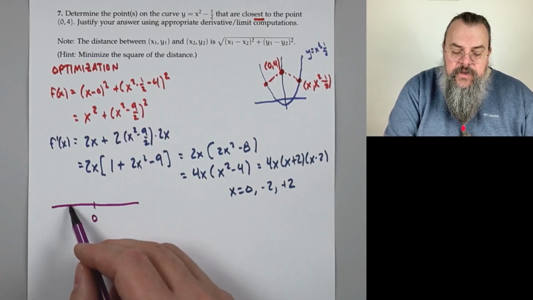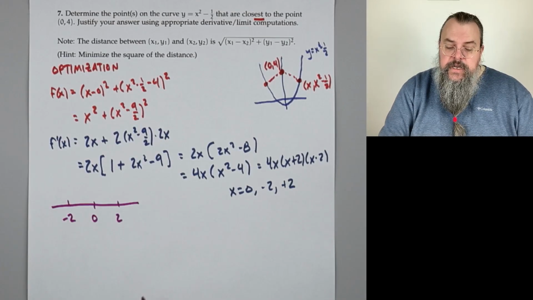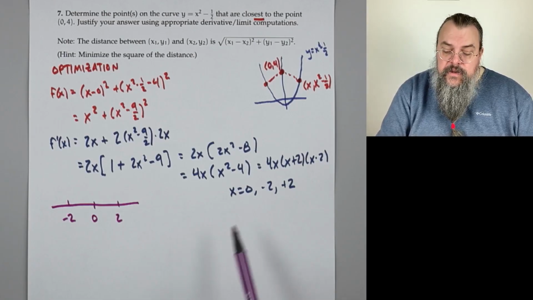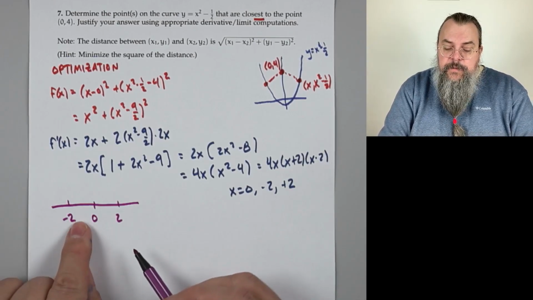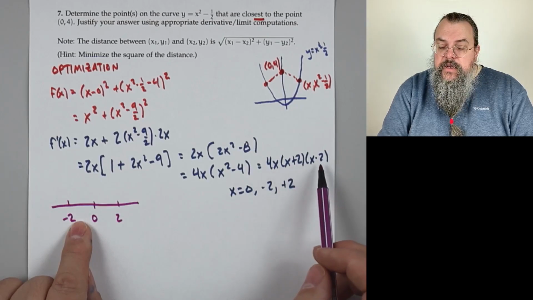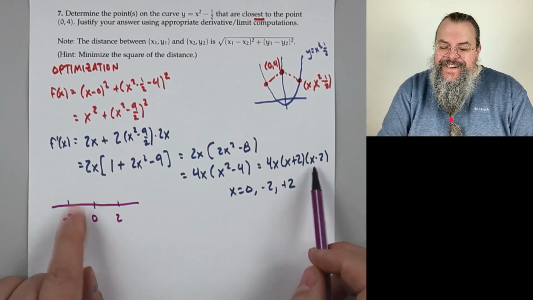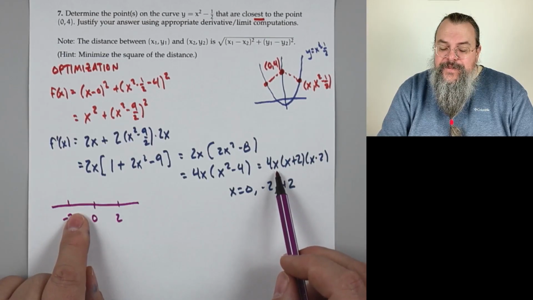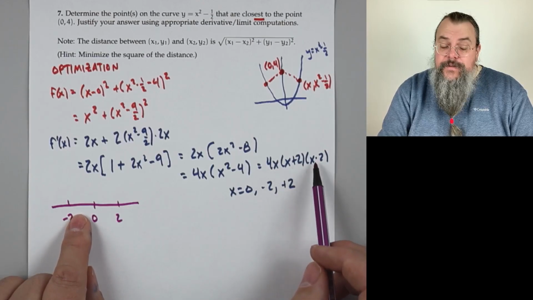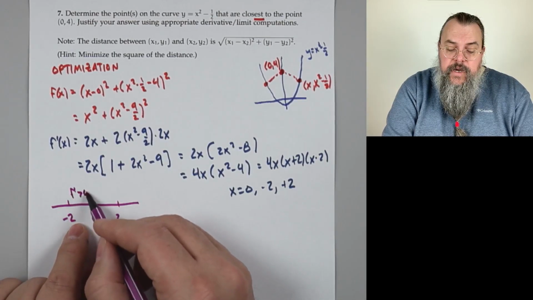So we have 0, minus 2, and plus 2. And now we say, okay, look at the signs. Let's plug in. For example, if you plug in a 1, you get a positive, and minus 1, negative, right? 4 times minus 1 is negative. Positive and negative, which means our f prime is positive.